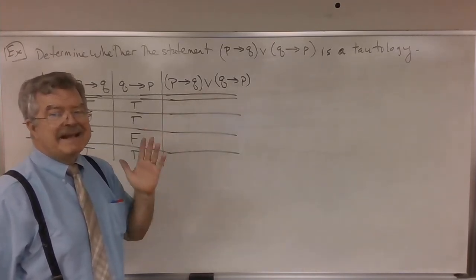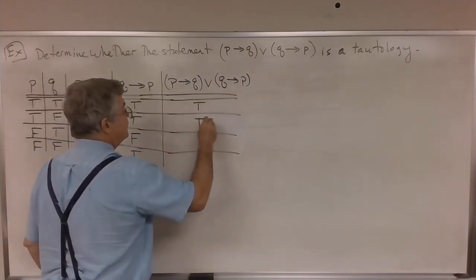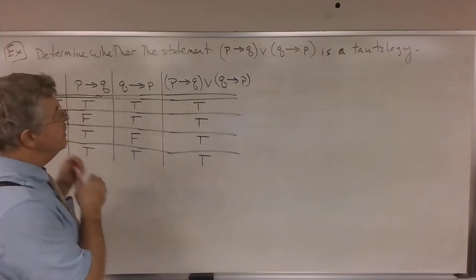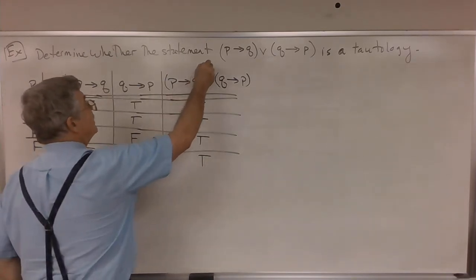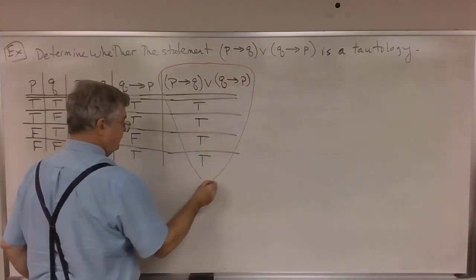Since that can't happen, this thing is true under all circumstances, and son of a gun, this is a tautology. It's true all the time. It's always true.